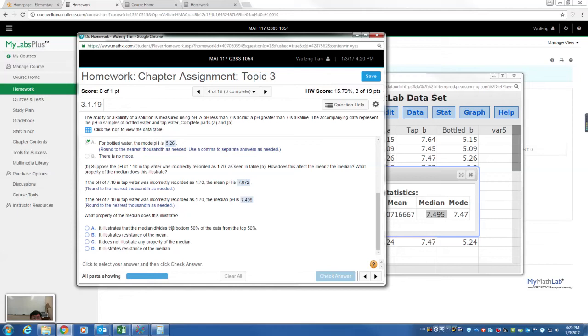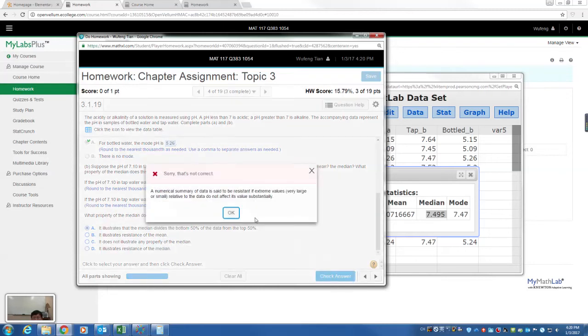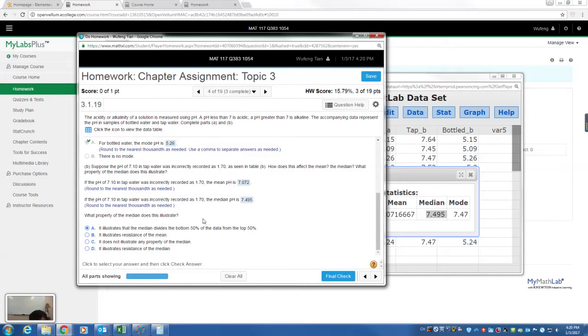So what property does this illustrate? The options are: the median divides the data 50% and 50%; it illustrates the resistance of the mean; it does not illustrate any property of the median.